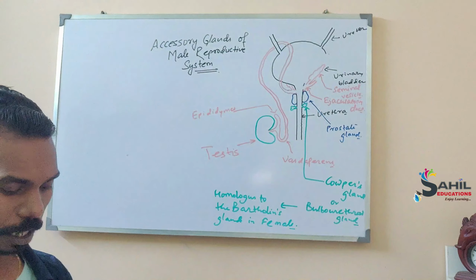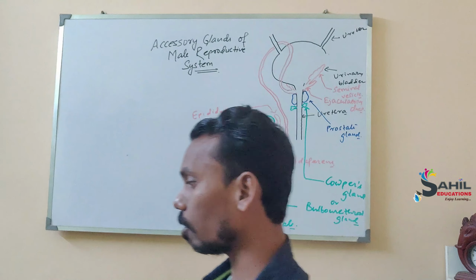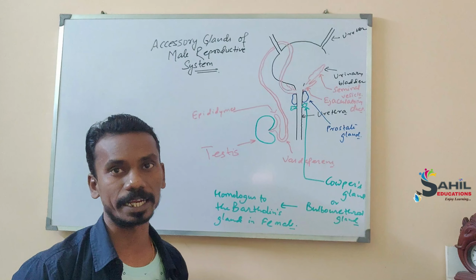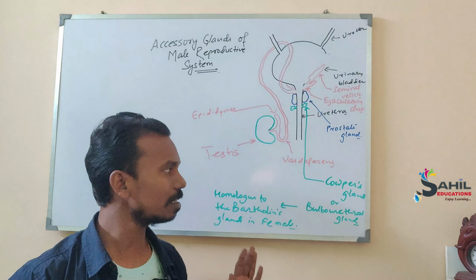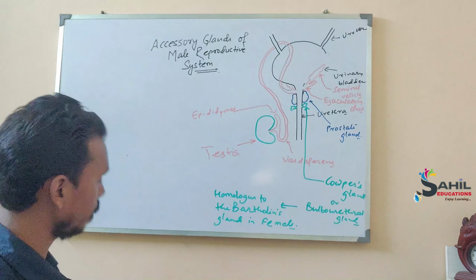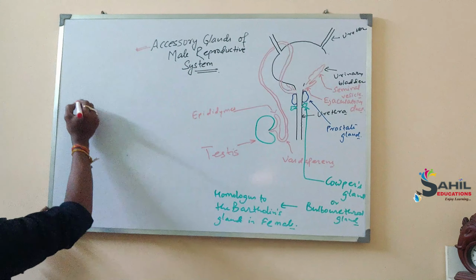Females do not have a bulbourethral gland, but instead they have the Bartholin gland, which has the same kind of function. So you have seen three basic accessory glands in the male reproductive system.